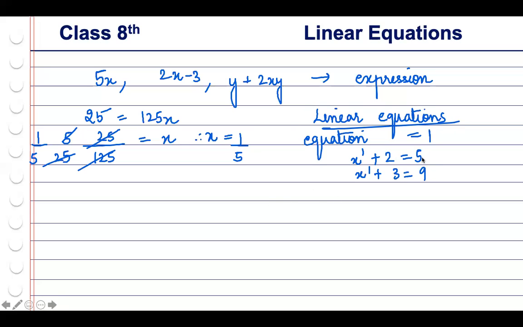It should not be more than 1. x square plus 3 is equal to 9 is not a linear equation, because this exponent is greater than 1. So this you had seen in your previous class.